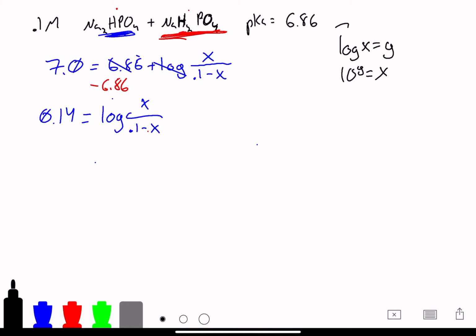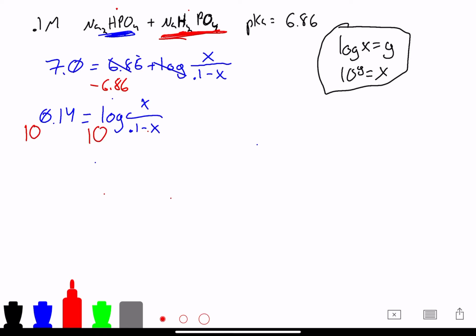So using this, we can raise each side. So we can raise 10 to the 0.14 and 10 to the log of x over 0.1 minus x, and what that's going to leave us with is 0.138 is going to be equal to x over 0.1 minus x.